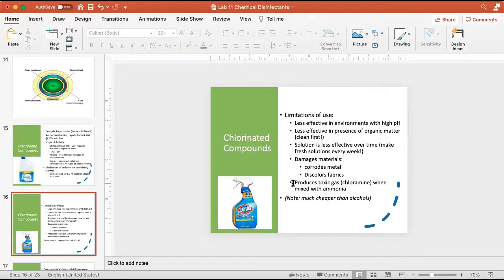Now, here's one other one that you may or may not be familiar with. Bleach can be very dangerous in that you cannot mix it with ammonia. If you mix bleach and ammonia together, it releases an invisible toxic gas called chloramine.